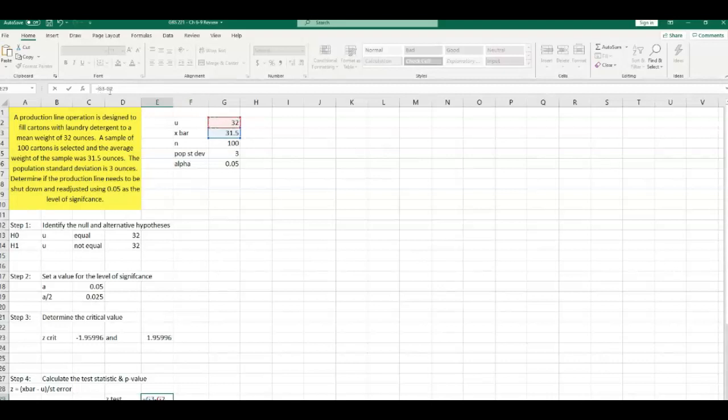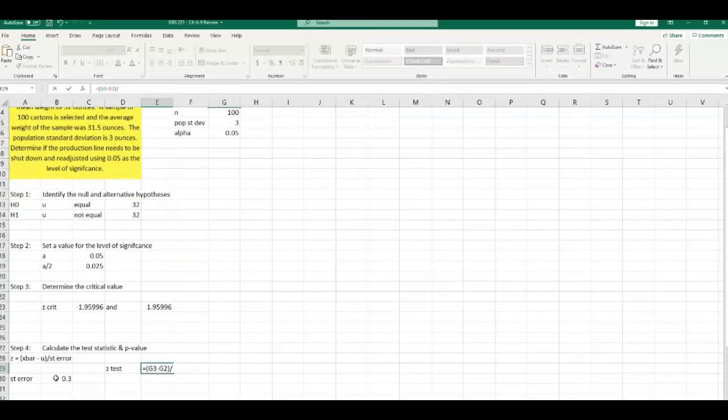And we're going to want parentheses around those. And then we divide that by the standard error that we just found. And that gives us a test statistic of negative 1.67. So that's part of this step, right? We calculated the test statistic.